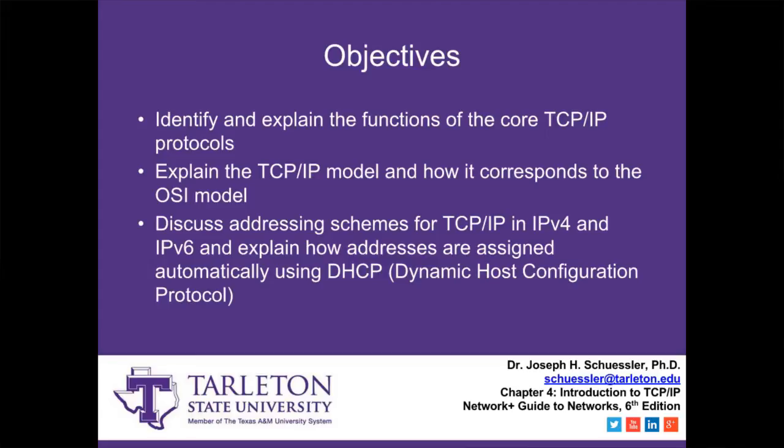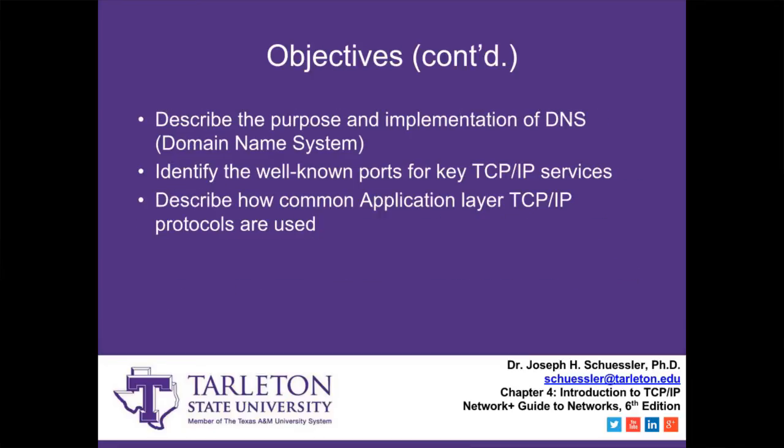We will discuss addressing schemes for TCP IP in version 4 and version 6, and we'll talk about how addresses are assigned automatically using DHCP, or Dynamic Host Configuration Protocol. We'll describe the purpose and implementation of DNS, Domain Name System.